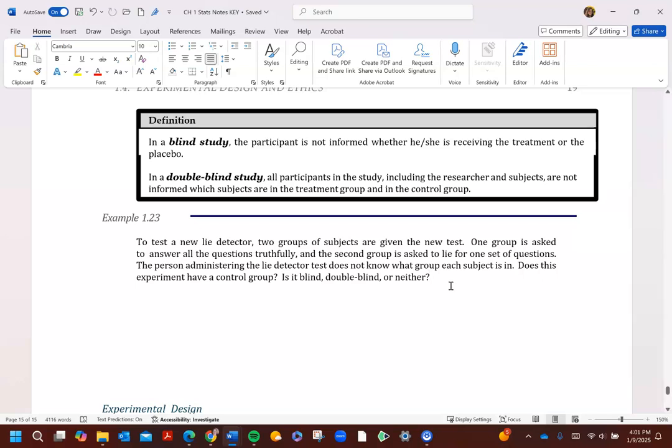What is a control group, if there is one? Is it blind, double blind, or neither? I think it's a little bit tricky, so take a minute to think about that and jot down your answers, and then we'll see how we match up.